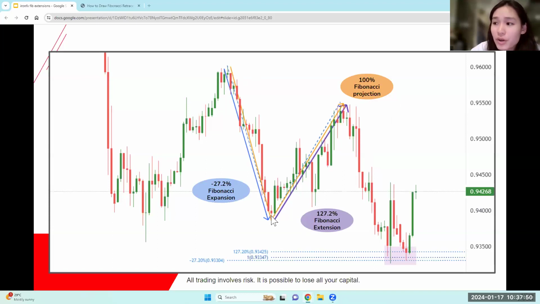Starting point, middle point, and ending point, as indicated with the orange arrows. And then the purple is our Fibonacci extensions, or in this case, we have an inverse Nike tick. So we have minus 27.2, 100%, and 127.2 lining up. We can see that price bounced nicely off of this very strong support level.